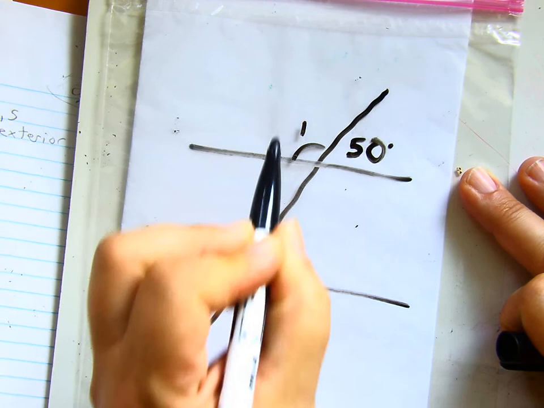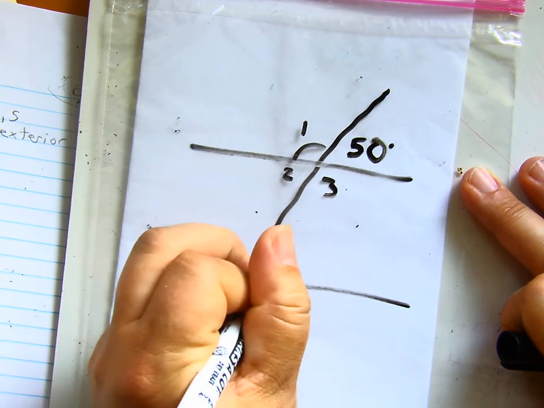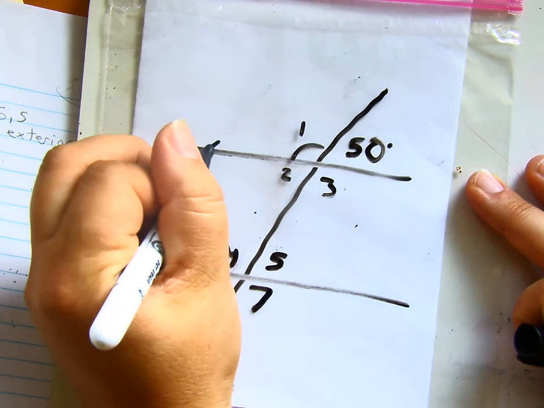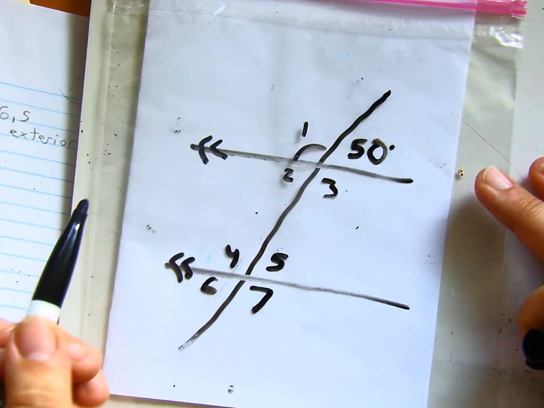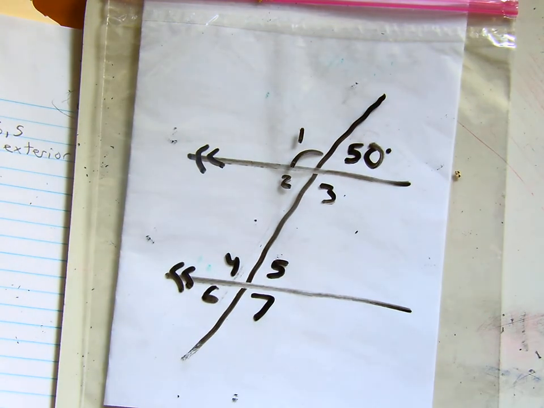Go ahead and find the measure of angle 1, 2, 3, 4, 5, 6, and 7. Given that these are parallel lines, can you use supplementary angles, alternate interior and alternate exterior, to figure out all 7 missing angles?